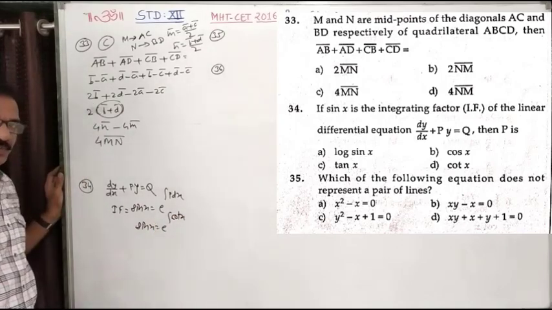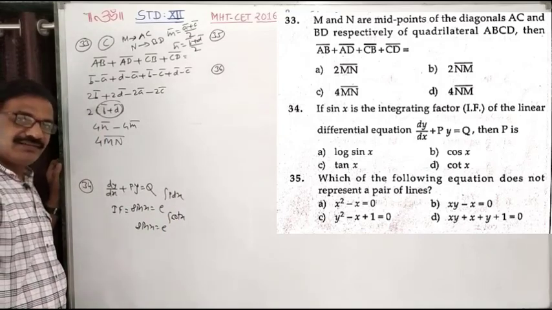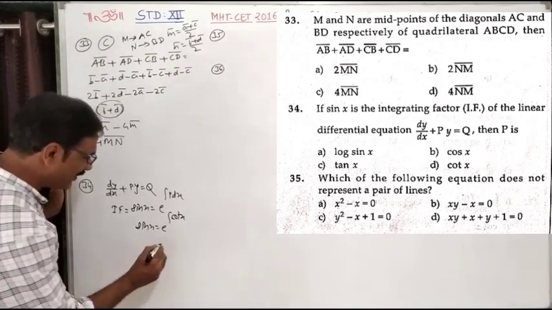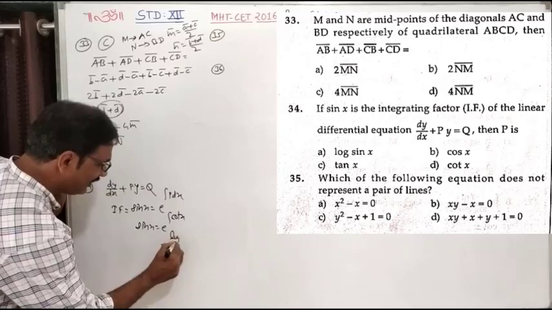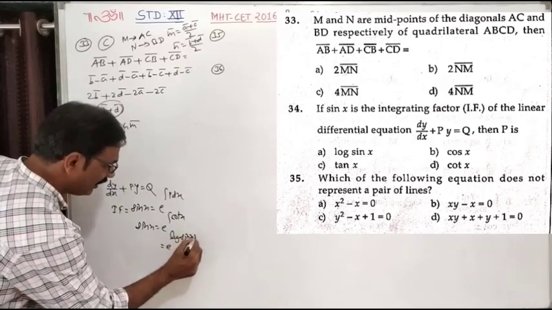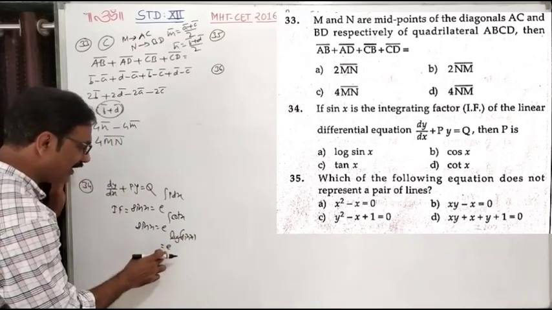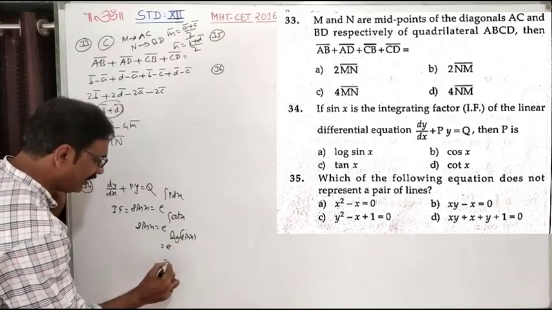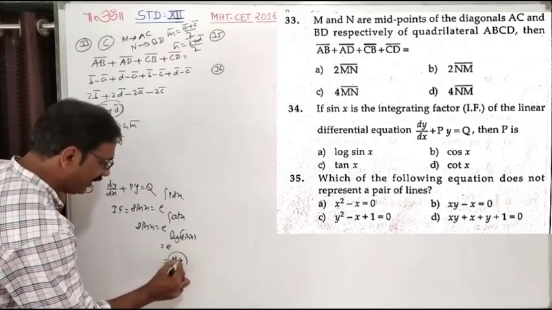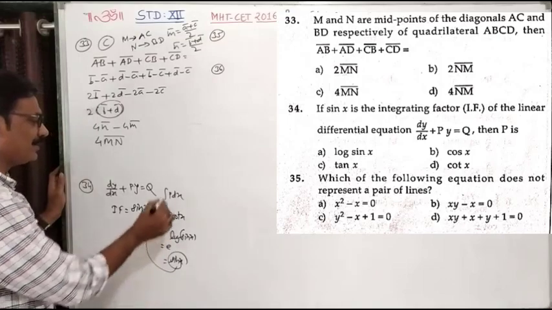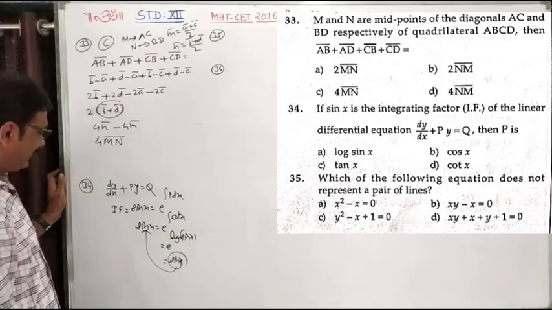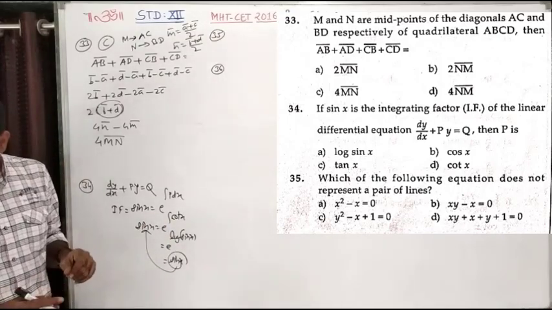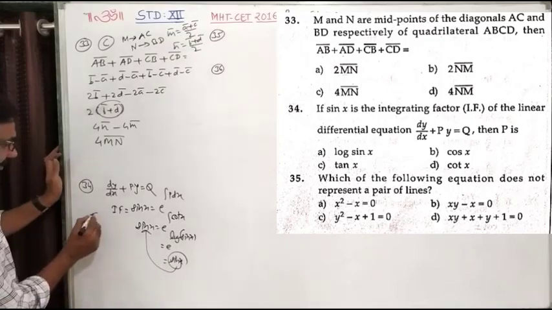What is integration of cot x? Log of sin x. So you can write it as e raised to log of sin x. As you know, e raised to log of a function is directly the function, sin x equal to sin x. So p must be cot x. What is the option? Option is D.